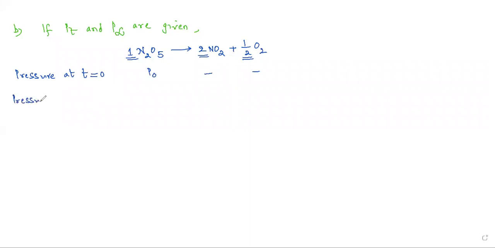Pressure reacted or decomposed is x. Now, when x reacts, we get a 2x and x by 2. Then pressure at a time t is equal to t.